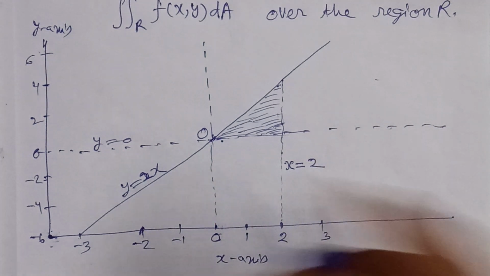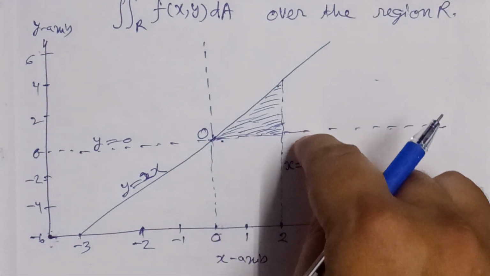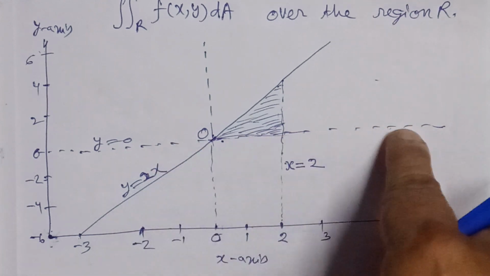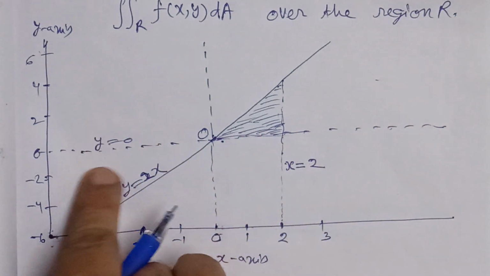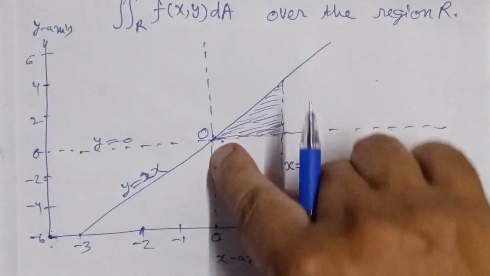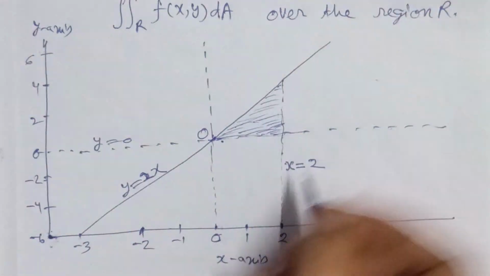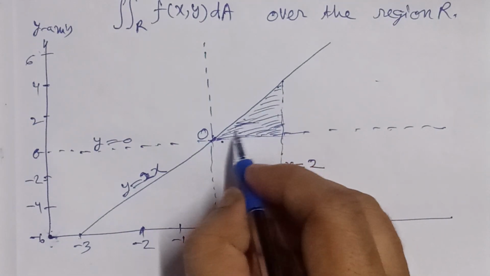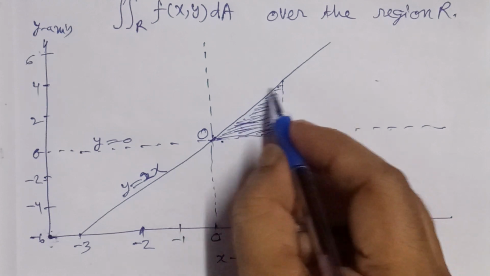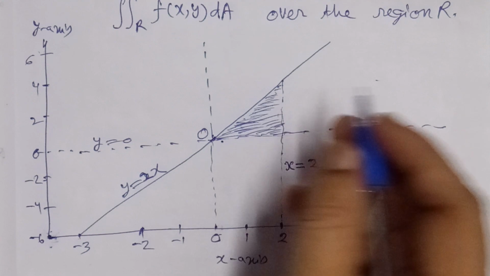But there is no need for the equation of this line, because it is the x axis, and the equation of this line is y equal to 0, which is given here, and the equation of this line is given, y equal to 2x. We have to find the limits which cover this area.